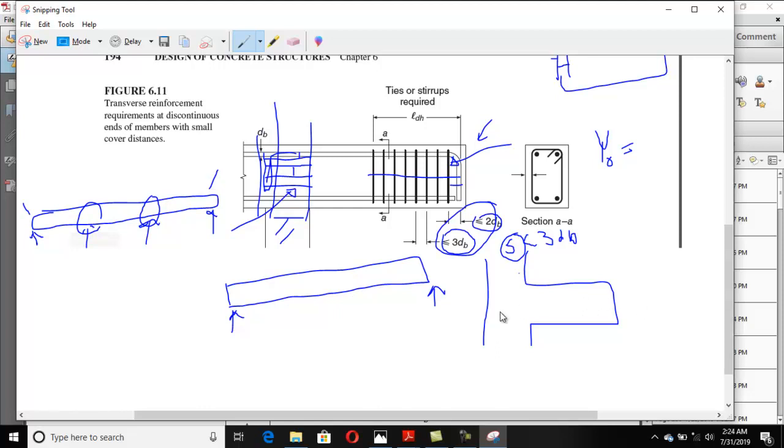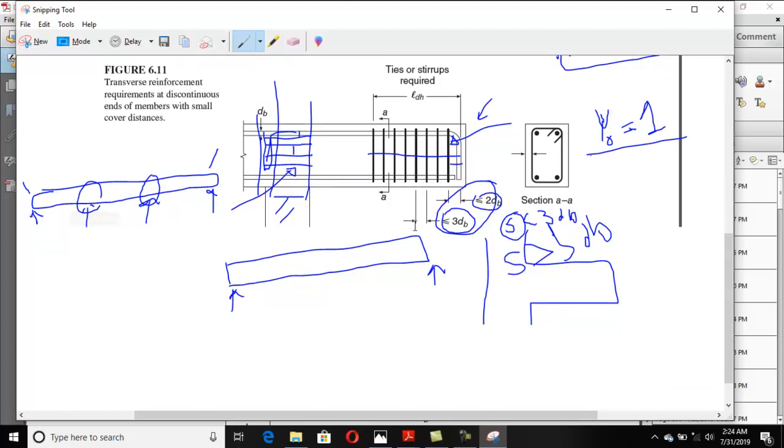But if it is greater than 3 dB, then your psi r factor will be 1. You will see this example in the McGregor book. So if the given spacing is greater than 3 dB, your psi r factor will be 1. So this is a little bit of explanation of this.